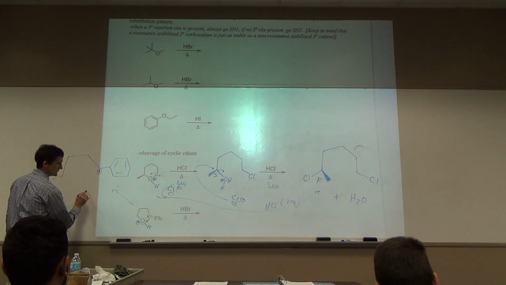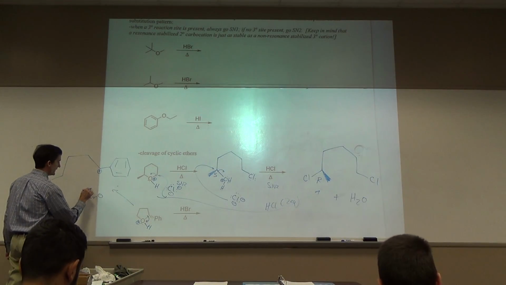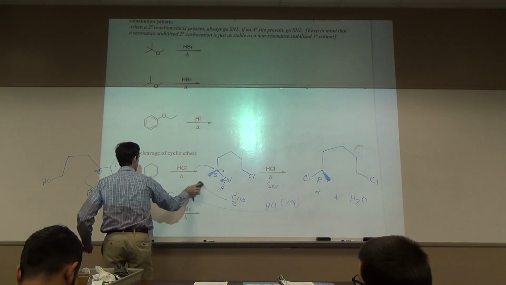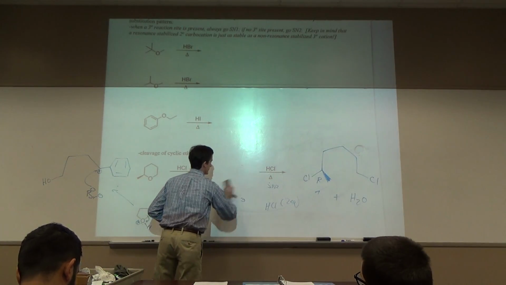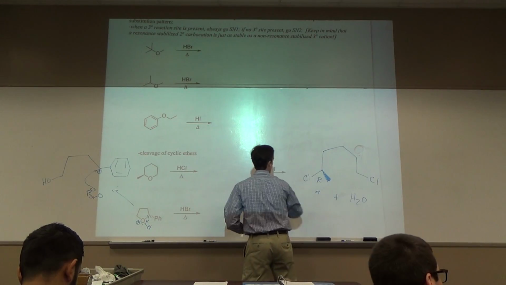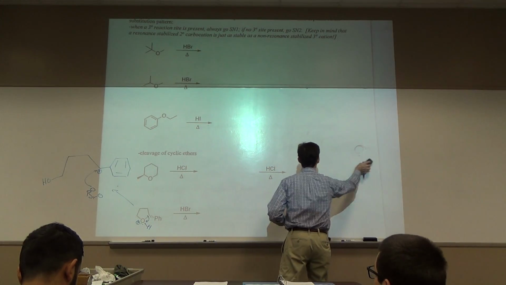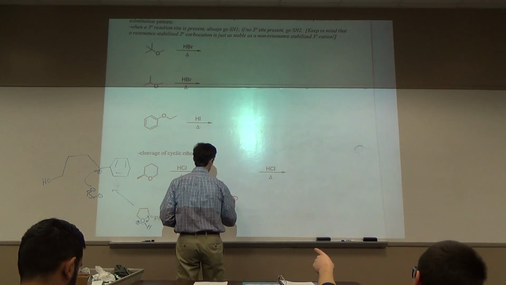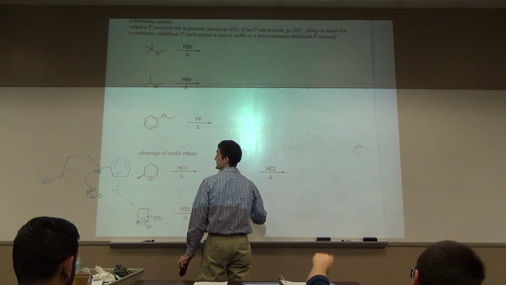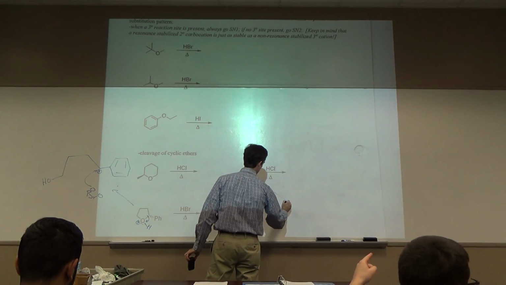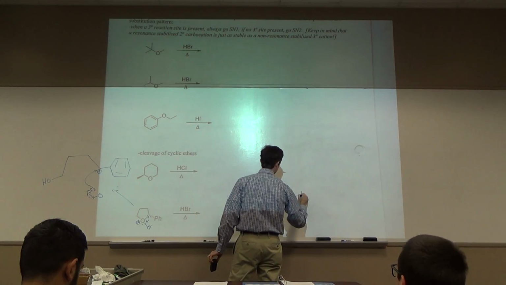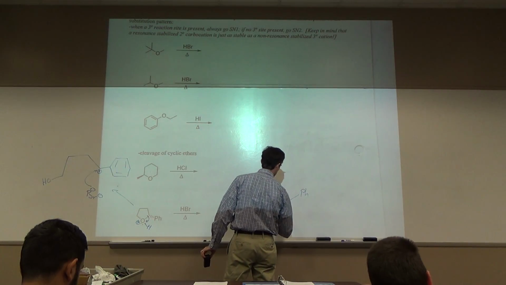Now what's our nucleophile? The Br minus can attack, and we'll get product. We're going to get 1, 2, 3, 4, 1, 2, 3, 4, then the phenyl, and we're going to have a bromine here.